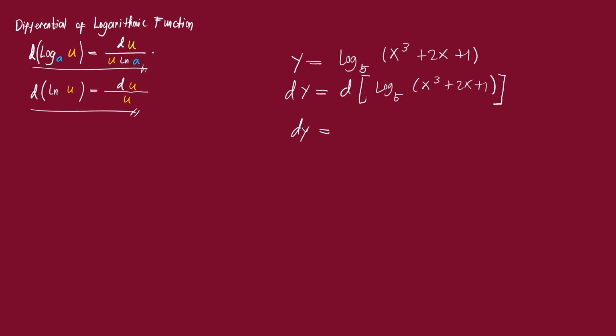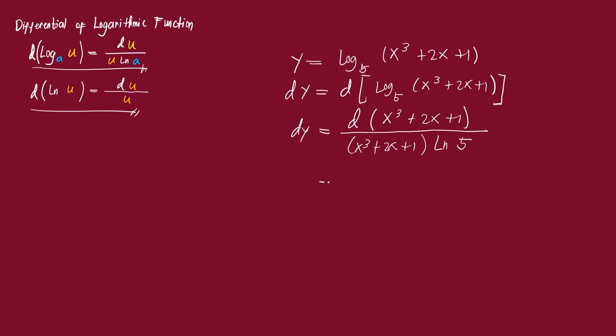Following this formula, the differential of our u, x cubed plus 2x plus 1, all over u, which is x cubed plus 2x plus 1, times the natural logarithm of the base, which is 5.